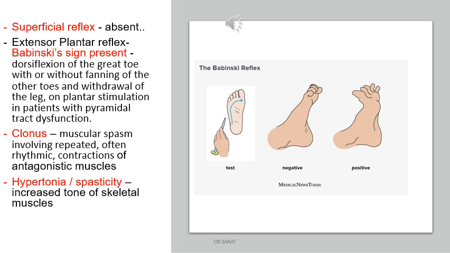This is seen in plantar stimulation in patients with pyramidal tract dysfunction.